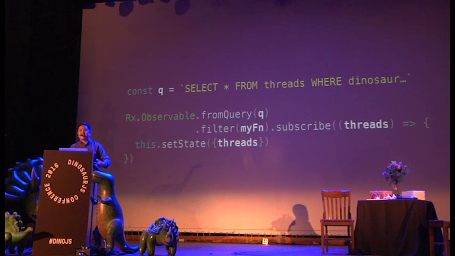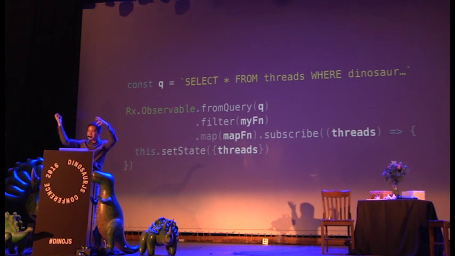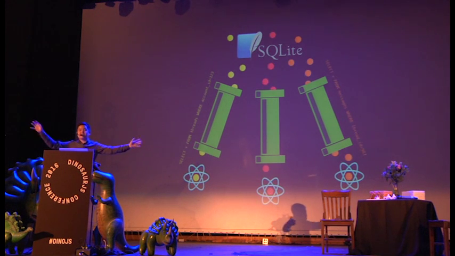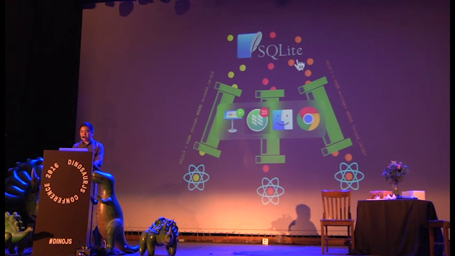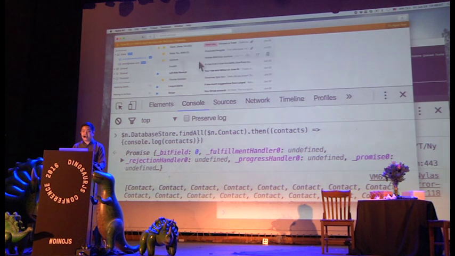With the additional benefit that with reactivex I can filter it, I can map it, I can debounce it and reduce it. But it's an extremely robust way to pipe data straight from a database down to a bunch of components, which is crucial when we have tons of data that need to go to lots of different components. With this type of pattern hooked up straight to a database, it's a really nice way to be able to load a huge bunch of threads depending on the current view that I have, and do so very robustly as well.